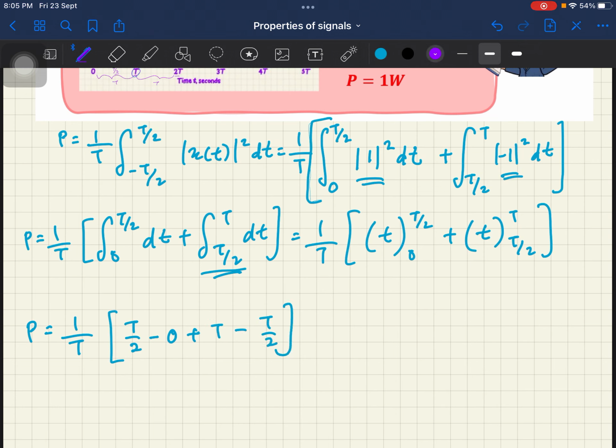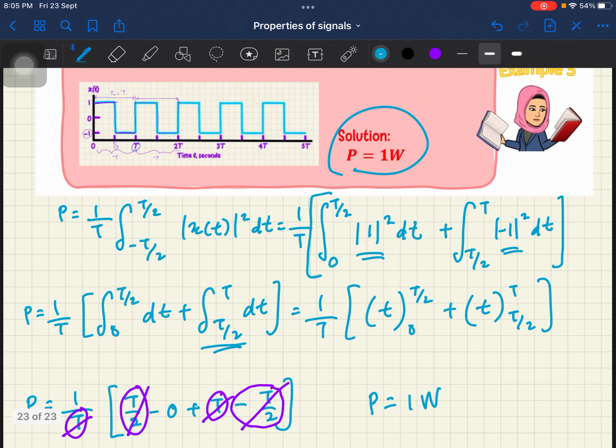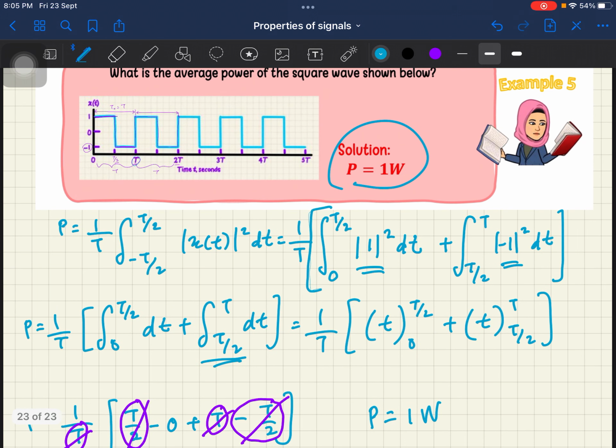The T over 2 and the minus T over 2 cancel out. Therefore, this T and this T can also cancel out, and we are left with P equals 1 watt, which is the average power of this given square wave signal.